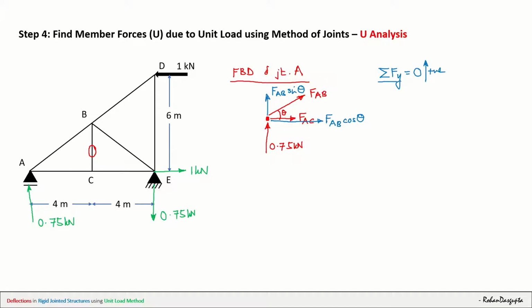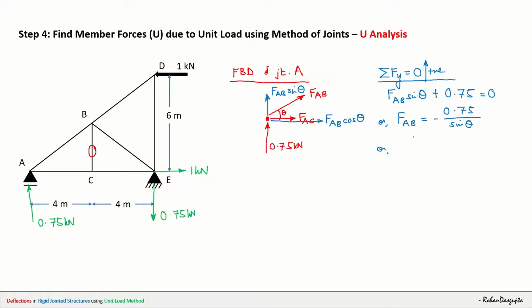So what I will have here is FAB sin theta plus 0.75 equals 0, or FAB equals minus 0.75 divided by sin theta.